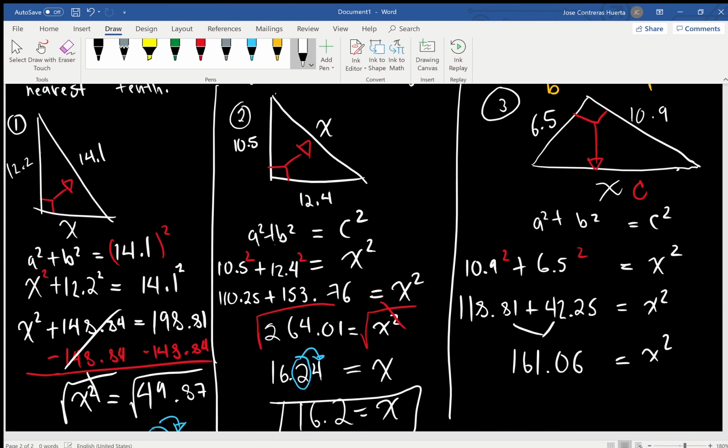Am I done? No, right? You still have to go ahead and take the square root. So you take the square root from the left, you take the square root from the right. Because these two are inverse operations, they are going to cancel out. So all you have left is the x.